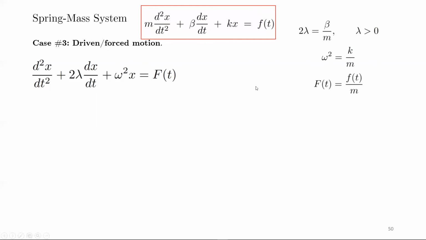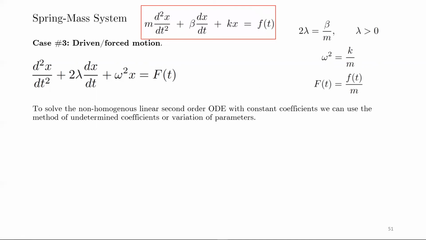So to solve the non-homogeneous linear second order ODE with constant coefficients, so that's all this is, right? This is just adding a non-zero right hand side. So it's just made the system non-homogeneous. We can solve this using the method of undetermined coefficients or the variation of parameters, right?